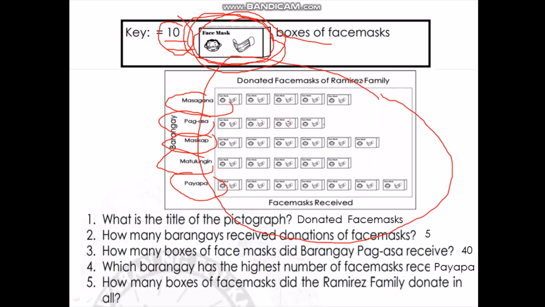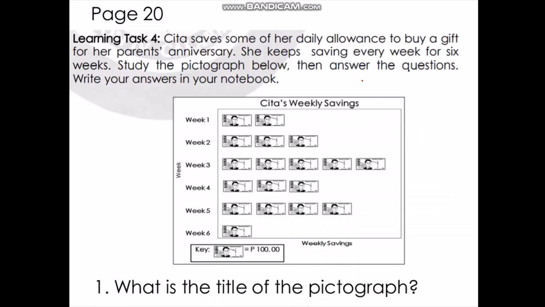Times up. The correct answer is 270. So if you got all 5 correctly, good job.